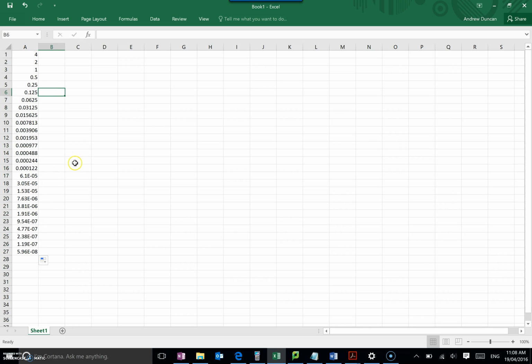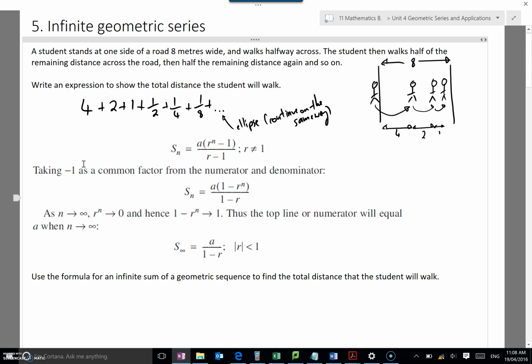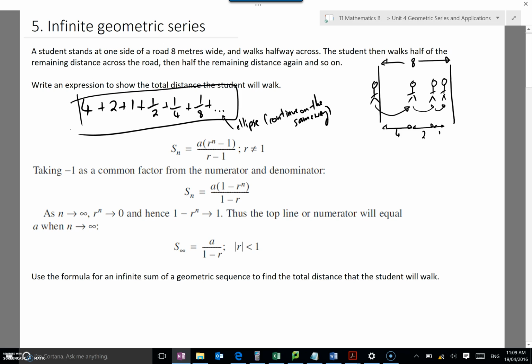If I add them all together, I'll find the sum of all of these little steps he's taking, and I end up essentially with 8 meters. So essentially the scenario is an infinite series. If he keeps walking half all the way, he's essentially going to get to the other side of the road, really, really close to it. So that's the whole idea, being able to add series like this without having to go to Excel and manually add them.